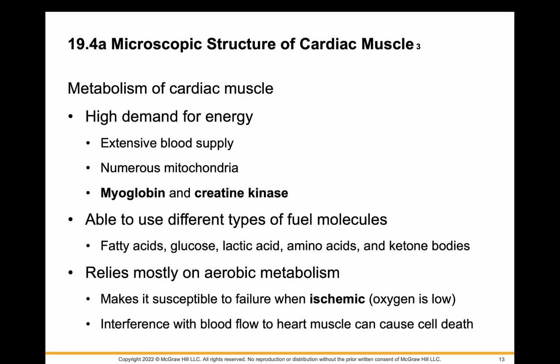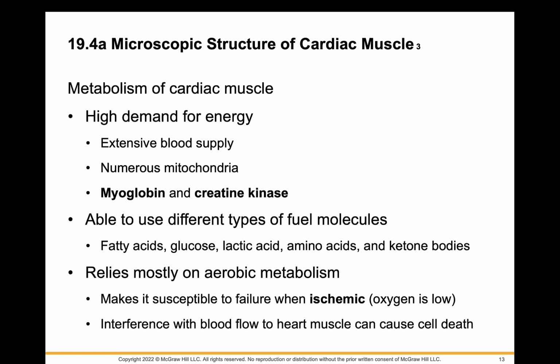Now, what's very characteristic of the heart that differentiates it from other structures is the fact that it really doesn't care what its energy source is. It will use anything. So it can use glucose, it can use lactic acid, ketone bodies, fatty acids, all of these in an effort to generate ATP.